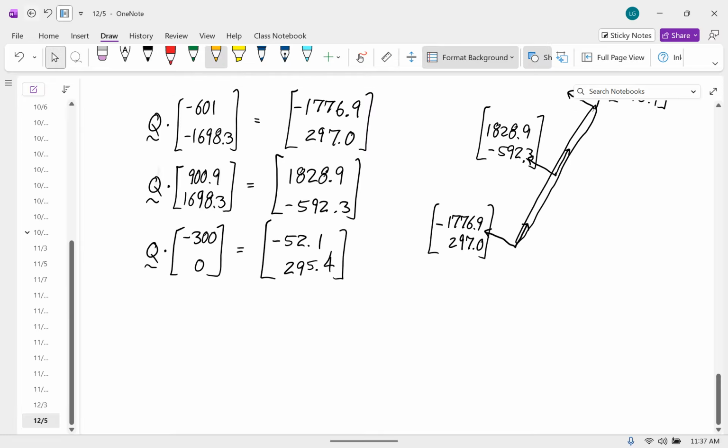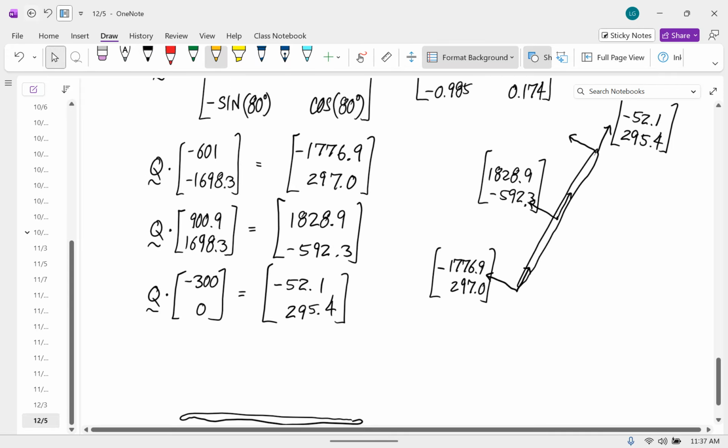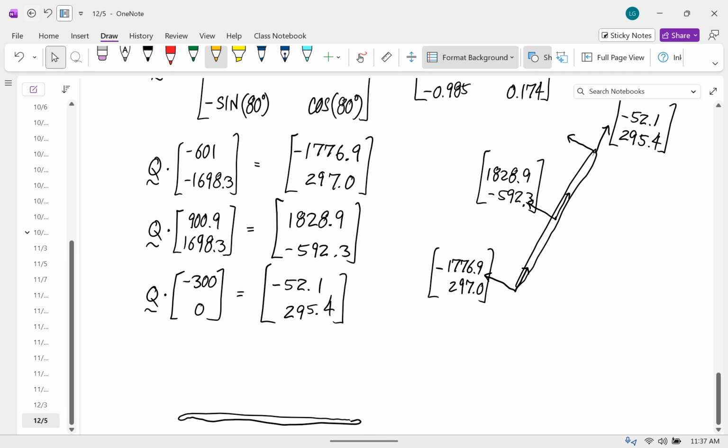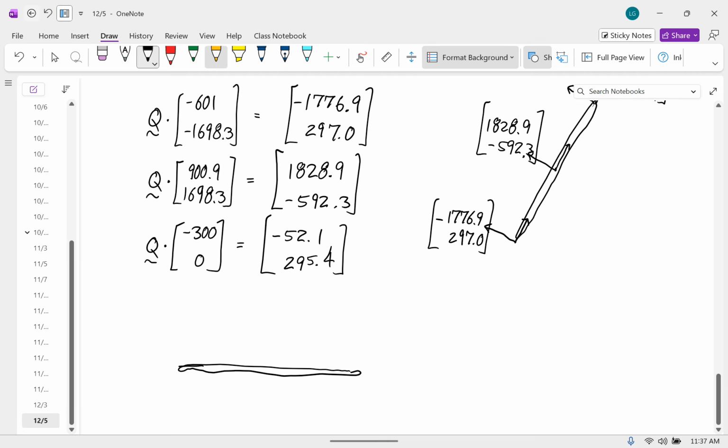In other words, now you can just draw it like this. The actual orientation of it really doesn't have anything to do with anything. All that matters is the relationship between our coordinate system and our forces. So now we can write this: over here we have negative 1776.9, 297.0.